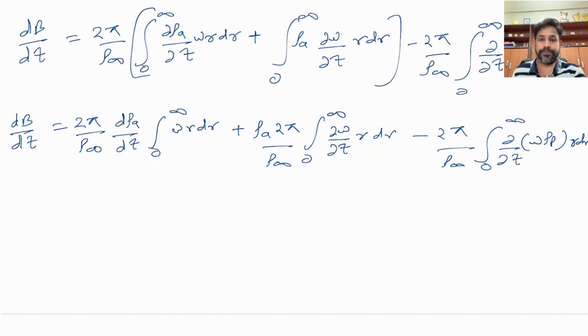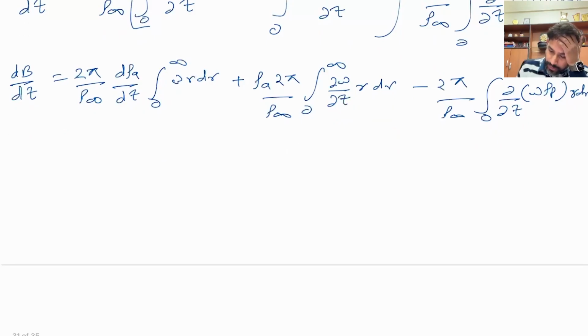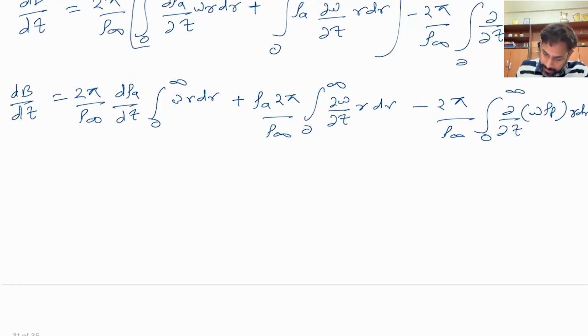Okay, so this is what we get. Another simplification we can do here is to put 2 pi inside the derivative. In this equation we can do that.